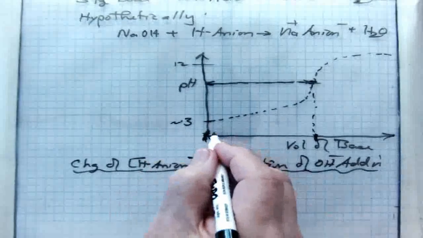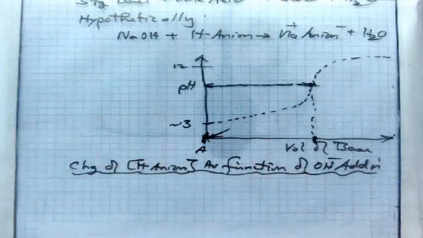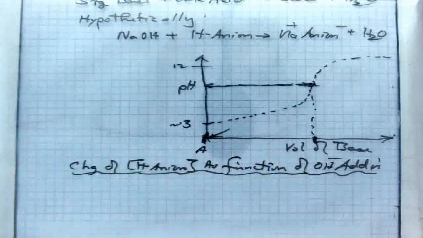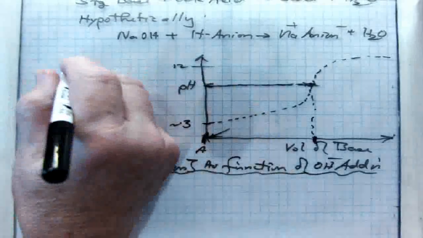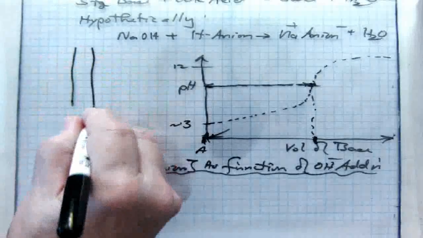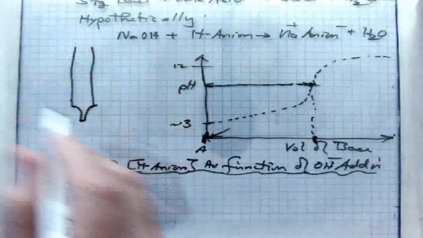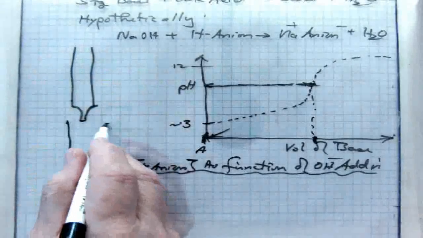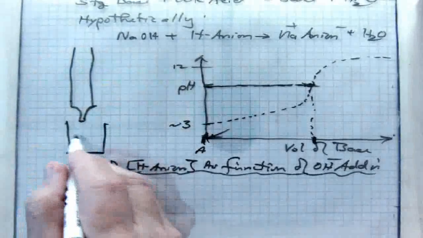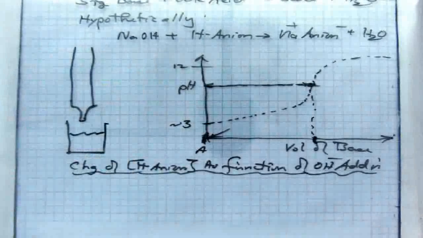We'll have the acid in the beaker and the base in the burette. In the burette, we have a number of base molecules, sodium hydroxide.